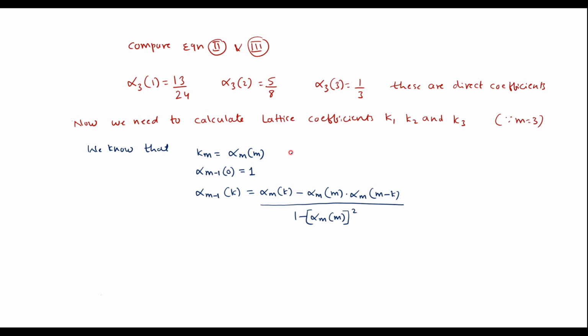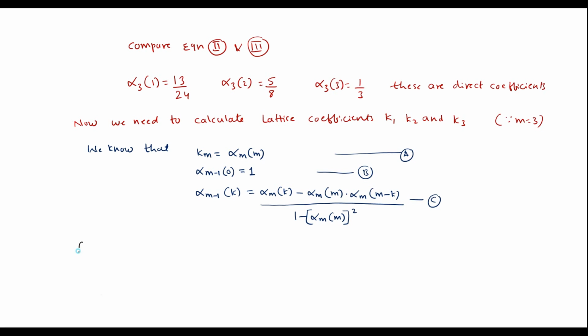We'll call these equation A, equation B and equation C. These three equations are used to convert direct coefficients into lattice coefficients. One should remember these three equations to get the lattice structure from the direct coefficients.